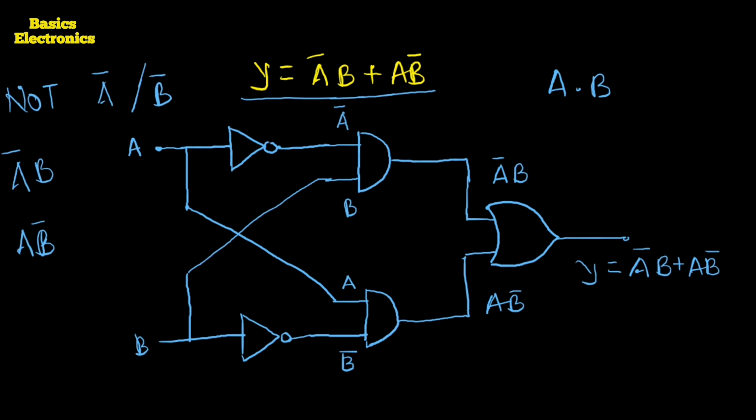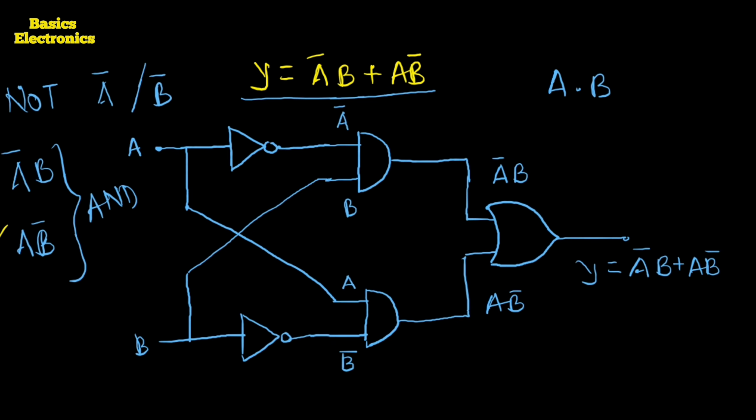Now the third gate we use is the OR gate, and this OR gate is used to make the logical sum of these two inputs, A bar B and A B bar. So here you have to draw the logical diagram.